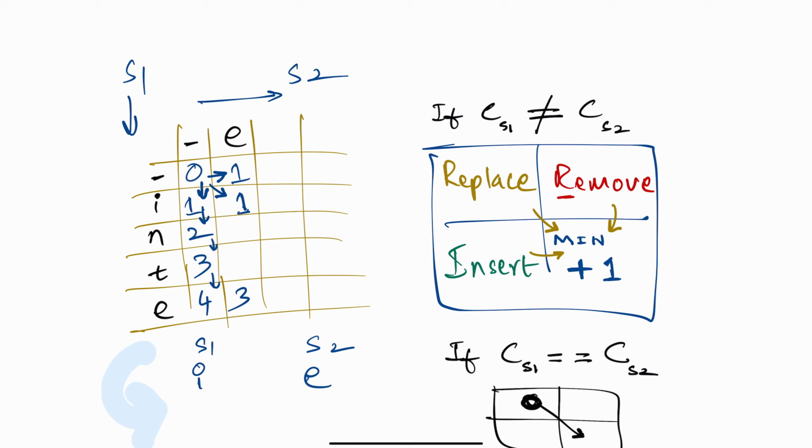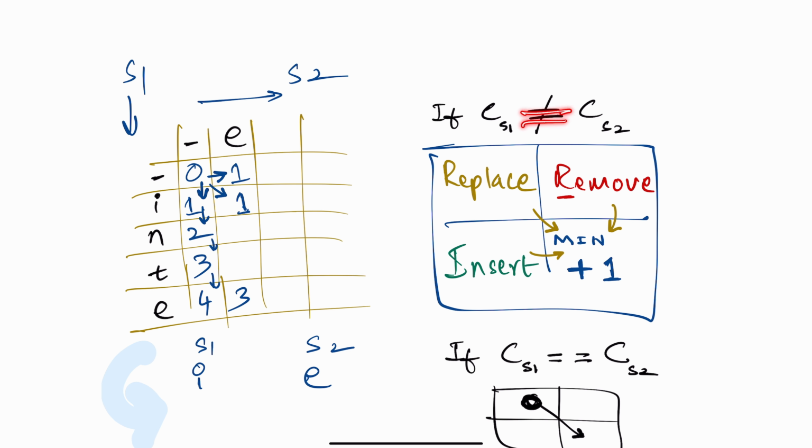So we are performing the operation, that's why we are incrementing with plus 1. With which value? Minimum value, either of this one or this one or this one. That's why it is called the best solution. We are populating the DP table with a minimum best solution, minimum operation, and I will go ahead with the next step, which is plus 1.